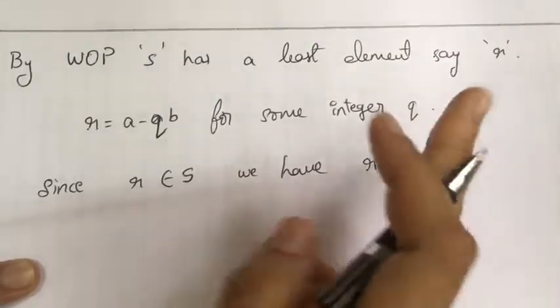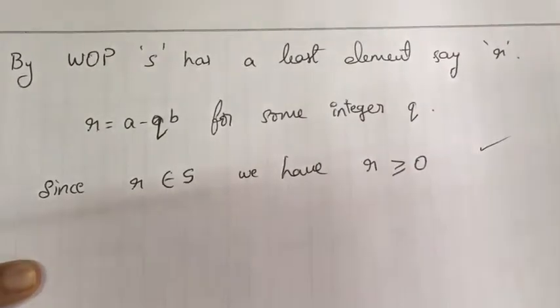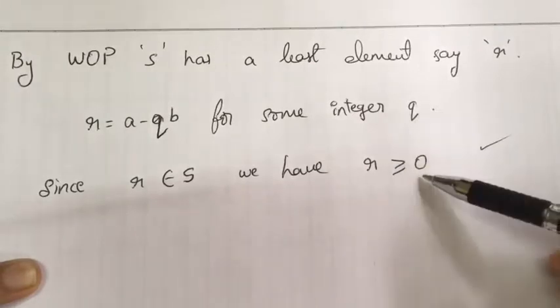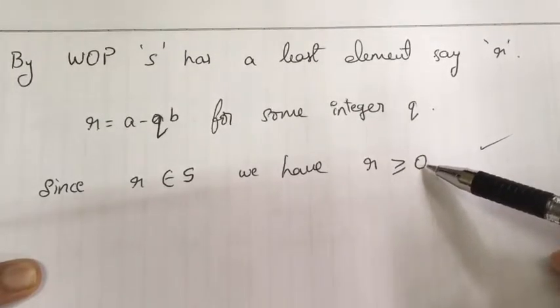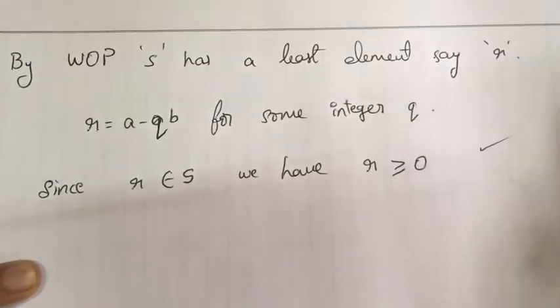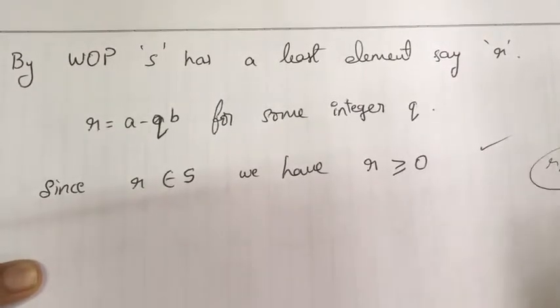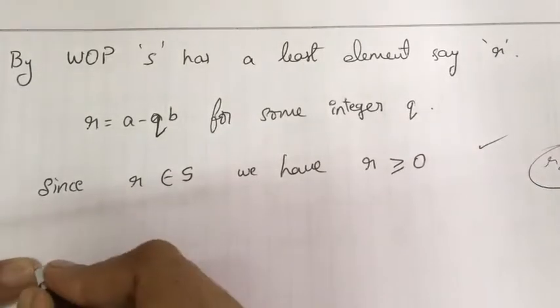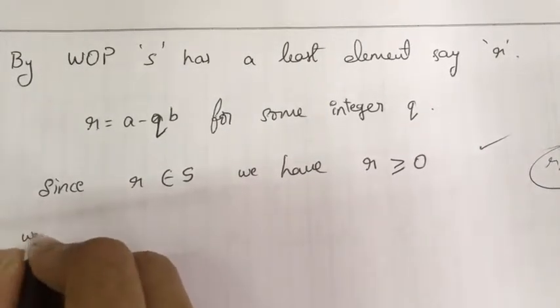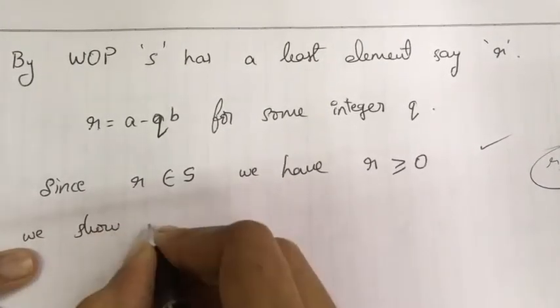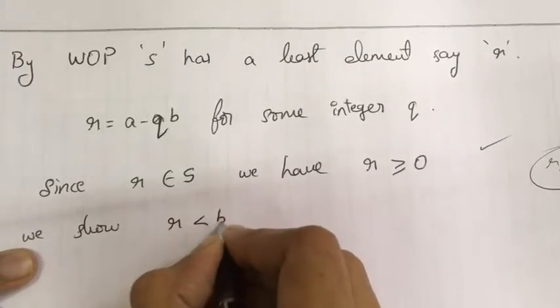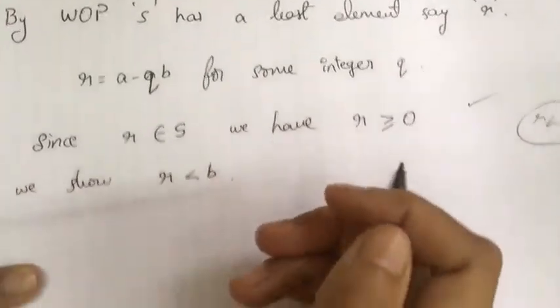So now we should show one thing. For some integer Q, I have got the lower boundary for R. Now I have to show R less than B. This I have to show, right? For that, I will take a contradiction.